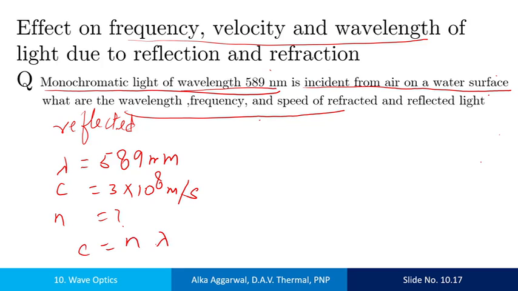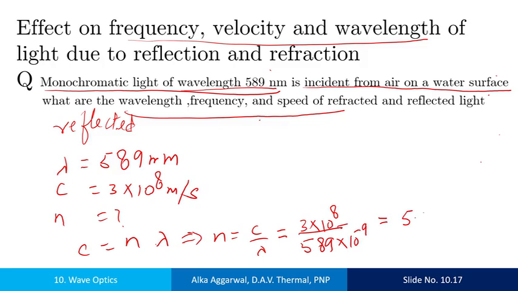It means frequency equals C upon lambda, that is 3 into 10 to the power 8 upon 589 nanometer, that is 589 into 10 to the power minus 9 meter. So it becomes 5.09 into 10 to the power 14 Hertz.